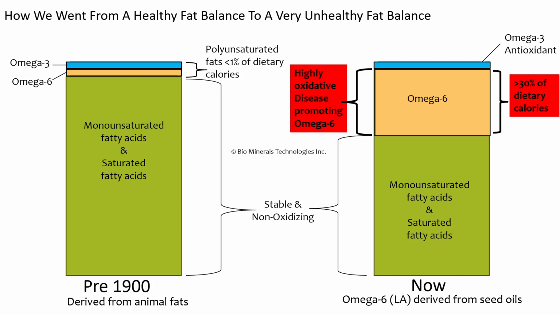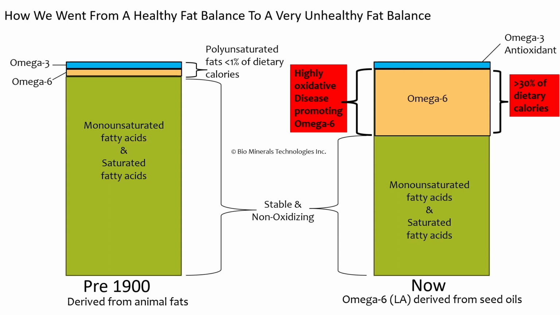However, today, we have substituted the majority of our stable, non-oxidizing saturated and monounsaturated fats with an increased proportion of omega-6 essential fatty acids, which are highly oxidative and disease-promoting.